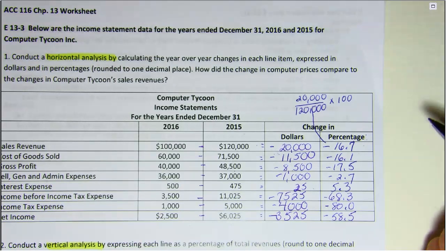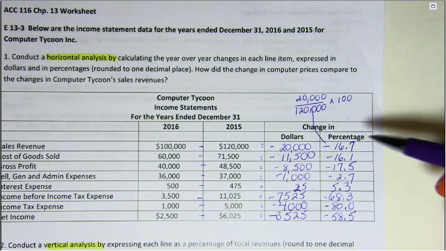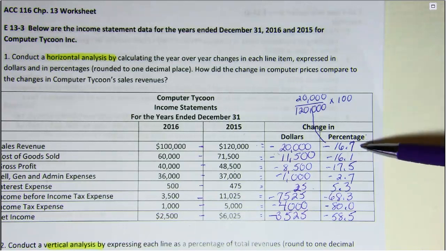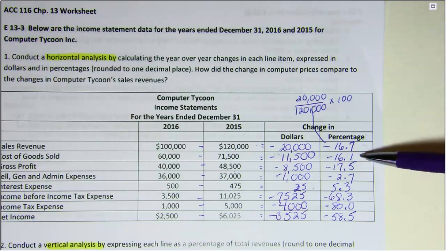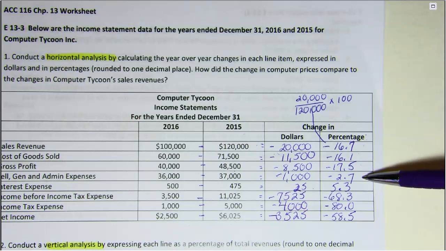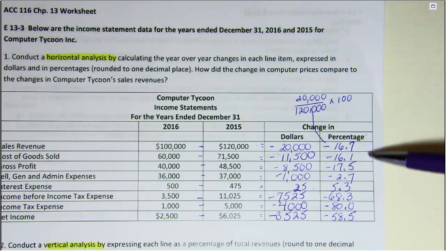Okay, so what are the significant differences or changes? Well, we see that sales revenue went down 16.7%, but the cost of what we sold does not go down as fast as sales. So consequently, your gross profit drops at even a faster rate. Your selling, general, administrative expenses went down, but not as fast as the sales did.